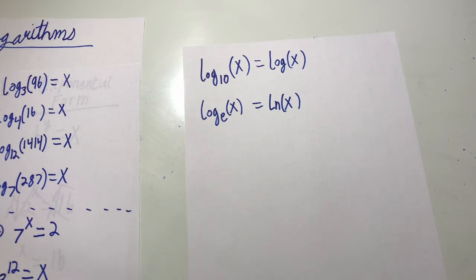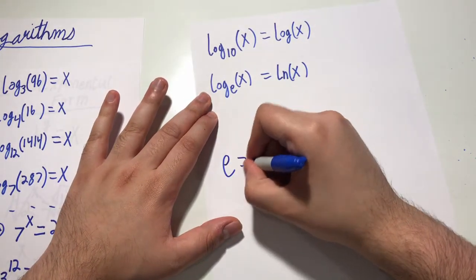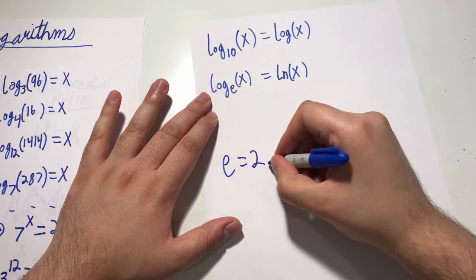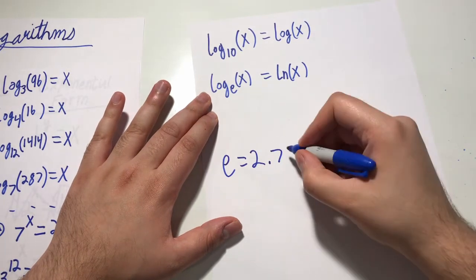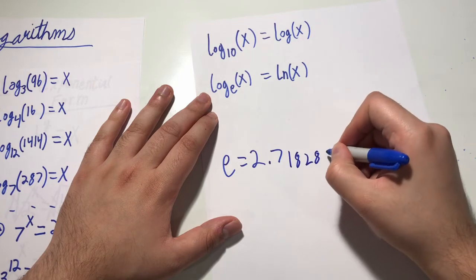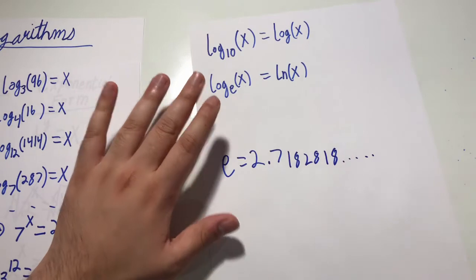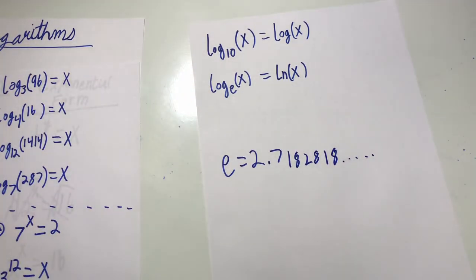You know how pi is an irrational number that we represent by that symbol? e is also an irrational number, and it's approximately 2.71828, and then that goes on forever. So e is a specific number.